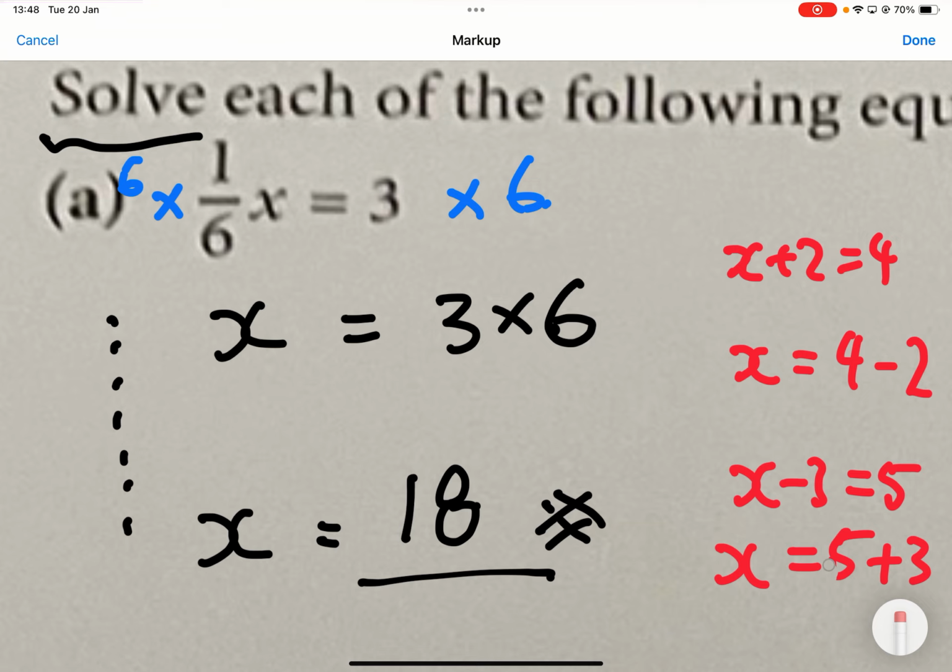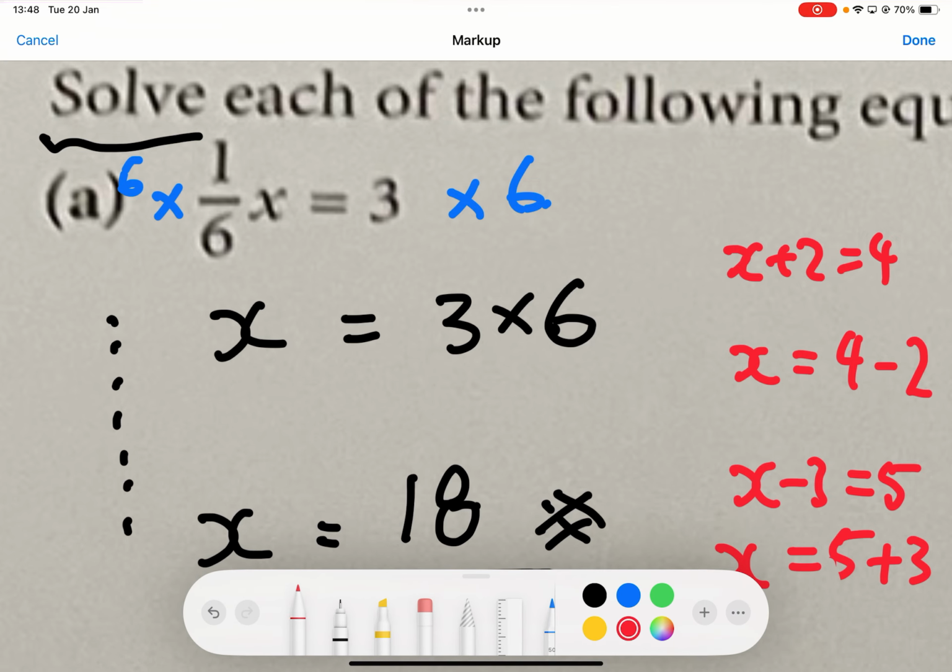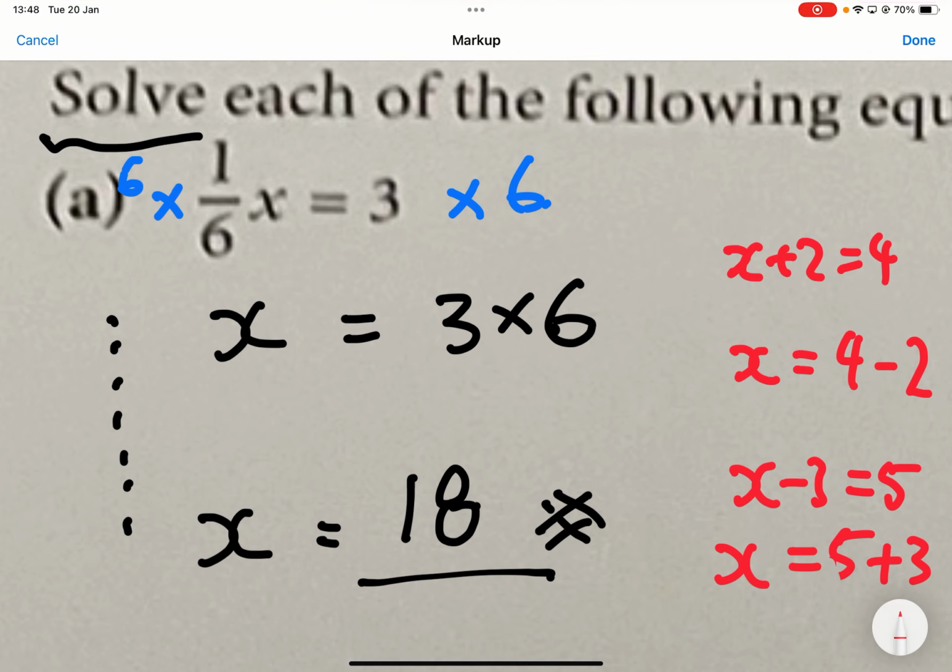Whatever you plus, you bring across the equal sign, it become minus. Whatever you minus, you bring across the equal sign, it become plus. Plus 2, jump over, become minus 2. Minus 3, go over, become plus 3. Then when we are dividing, x divided by 6, the divide 6 cross become times 6.